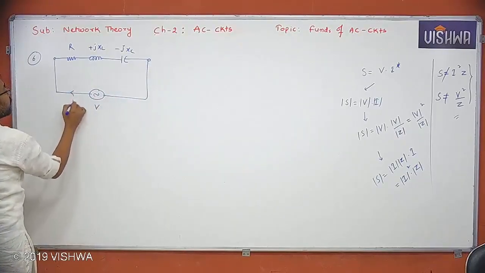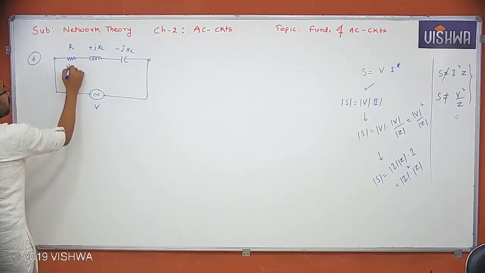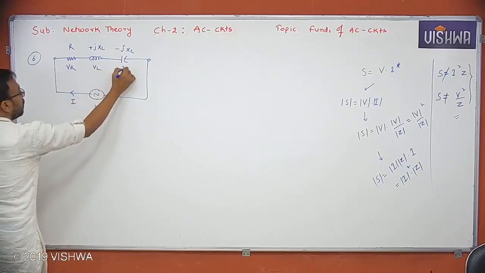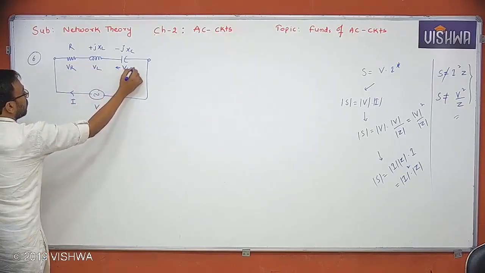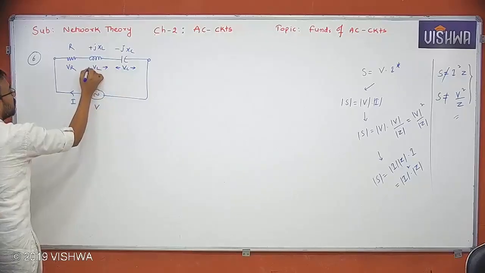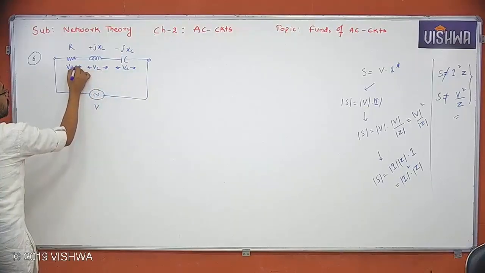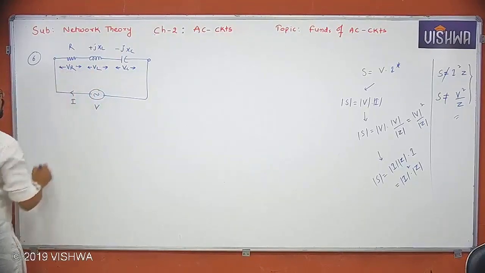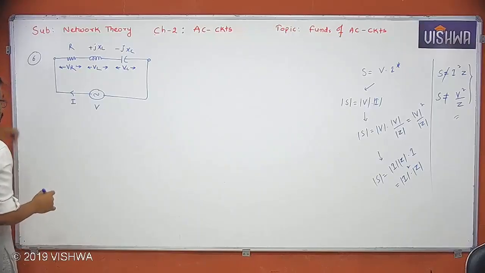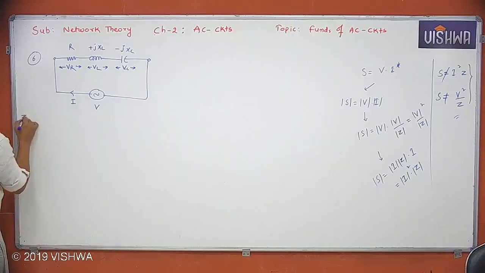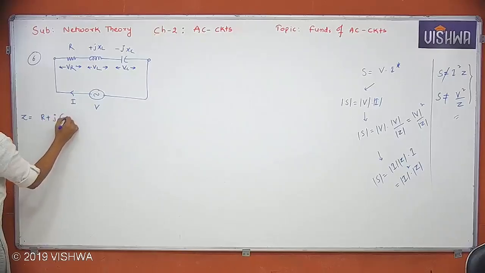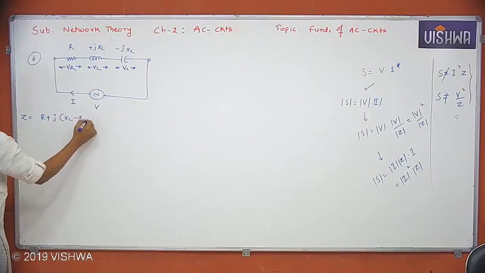With V and I, this is VR, this is VL, this is VC. Now let me take Z is equal to R plus J times XL minus XC.